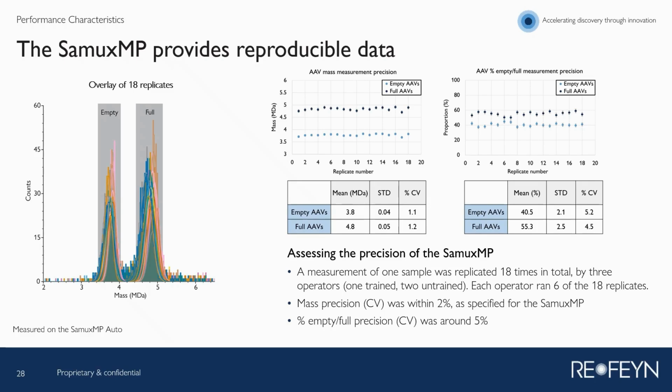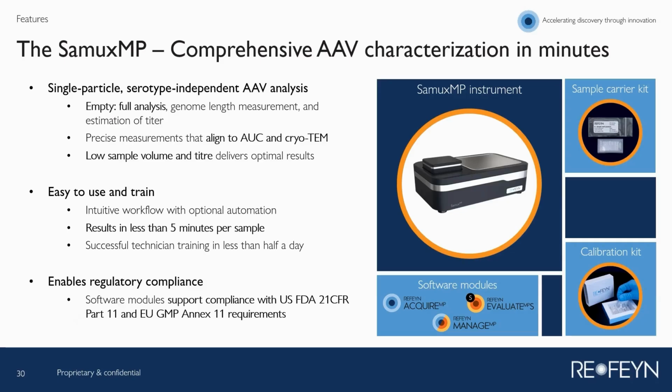So to conclude, mass photometer is a single particle resolution tool, which is also serotype agnostic, and it can reliably measure your AAV populations, all in alignment with the industry standards. The highlight of this technology is its requirement of low sample volume and titer to deliver high quality results.